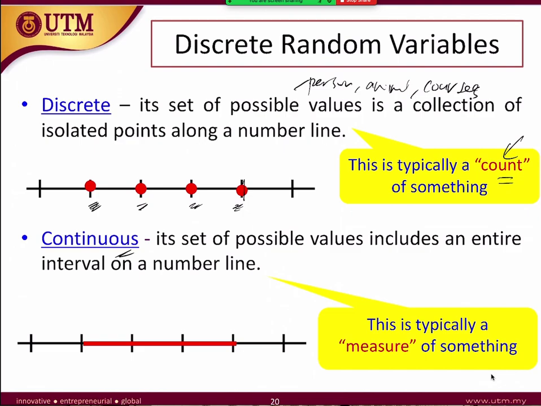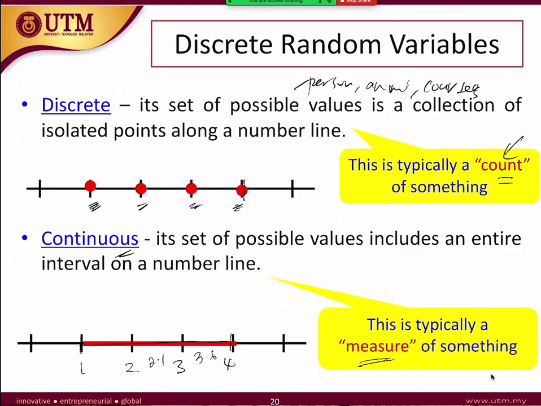And continuous is where we want to measure something, and usually the values that we see are on a range. Let's say this is 1, 2, 3, 4. When we measure something, we might have values like 2.1, 3.6.